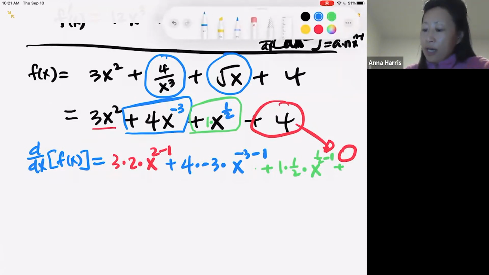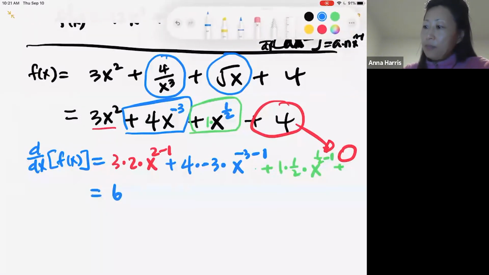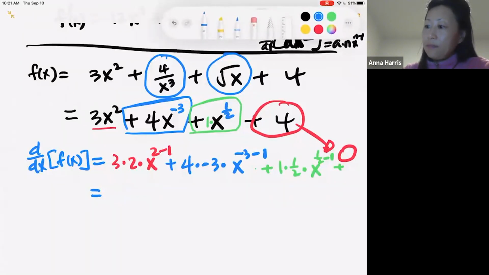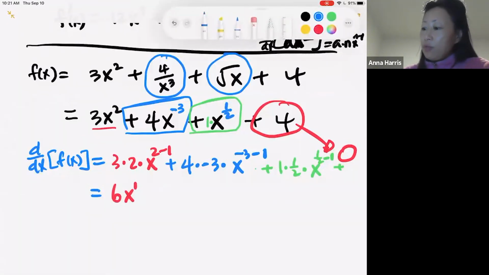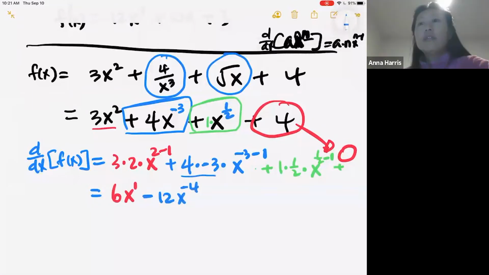So by doing that, I see 6 times x to the 1 power. What's next? This together gives me negative 12, so it'll be negative 12 x to the negative 4 power.